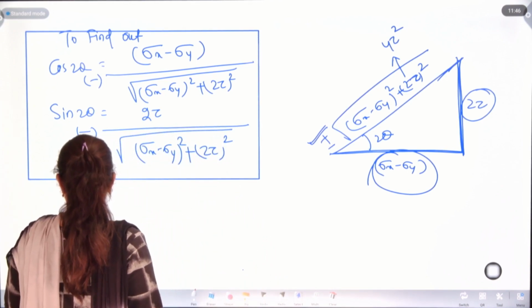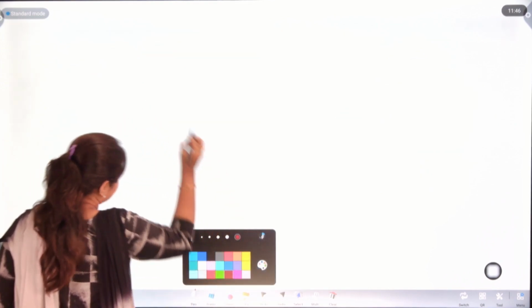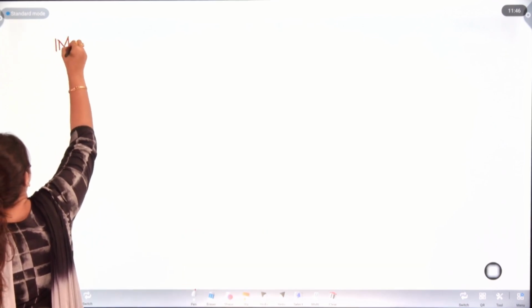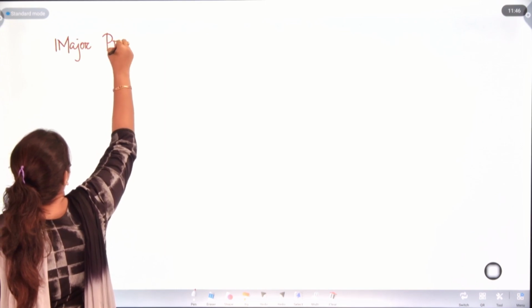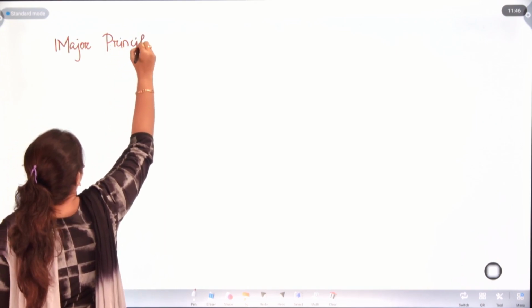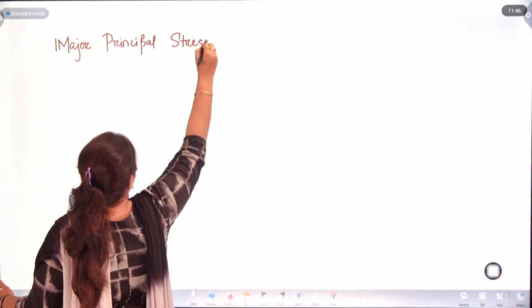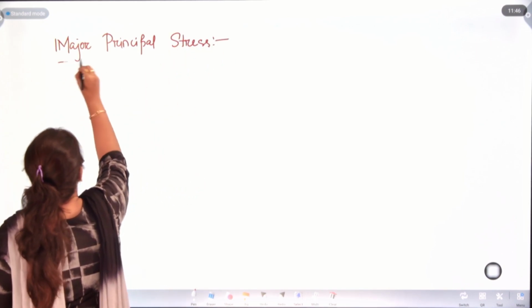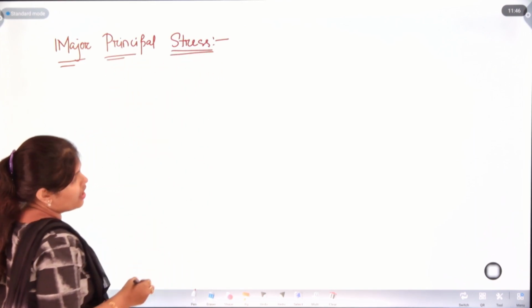Now, we will first find out the major principal stress. To find out the major principal stress, we already have the formula.